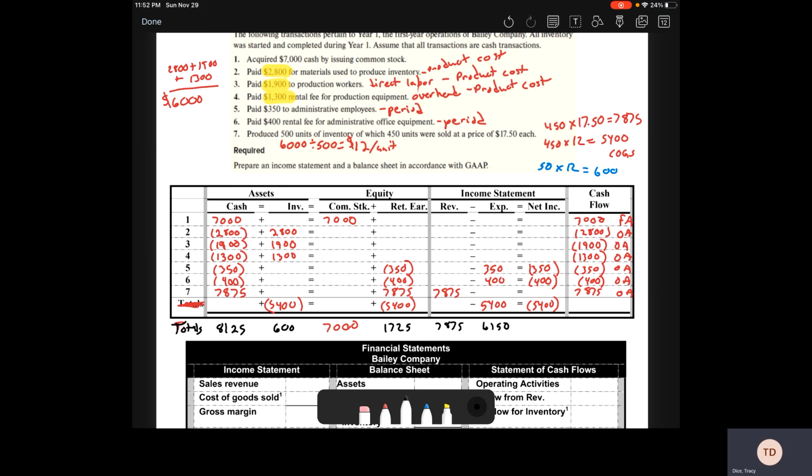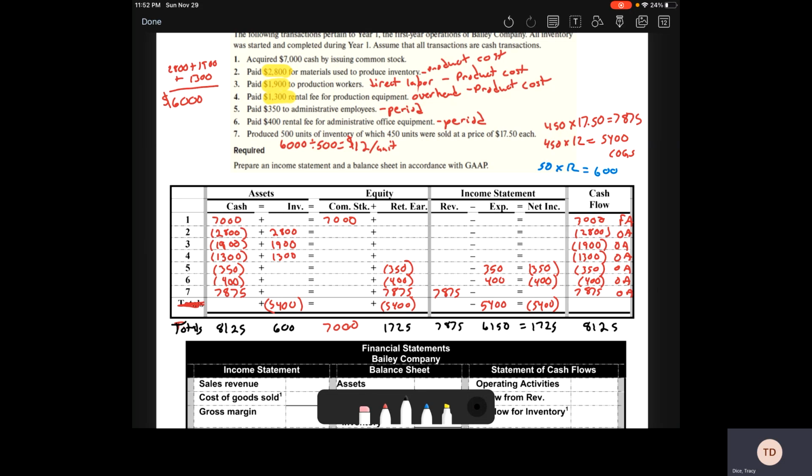When we do the subtraction there, end up with 17.25. And then our cash flows started out with 7,000. Subtract the 2,800 minus the 1,900 minus the 1,300 minus the 350 minus the 400, and then add in our revenue of 78.75, and we should get 81.25 again, just like we did for cash because we did all cash sales.